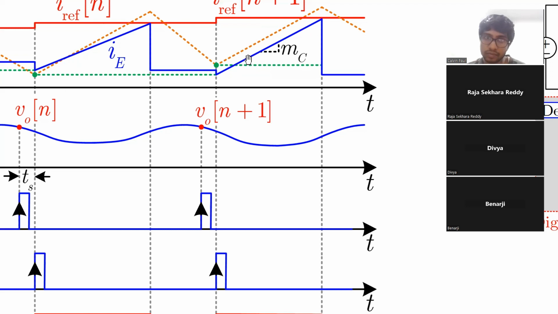So for this emulated current at this instant, we are taking the previous valley point sample and adding the ramp to that.